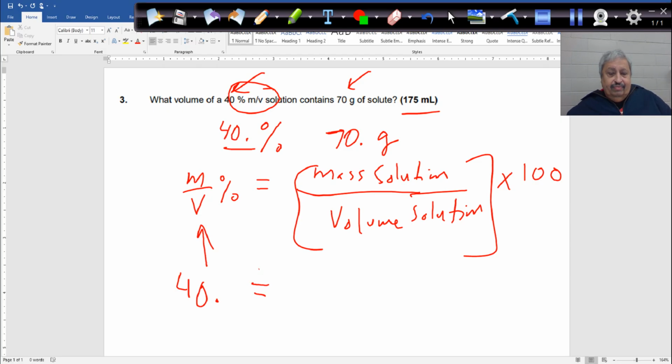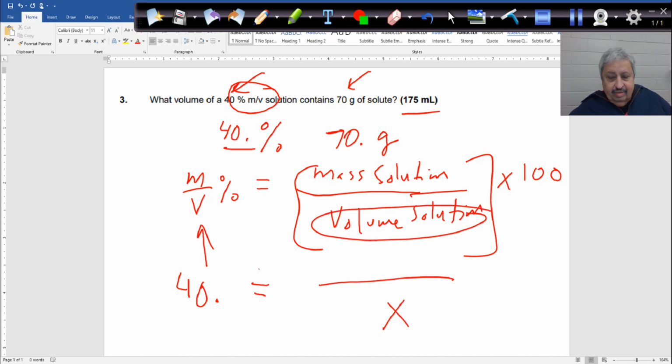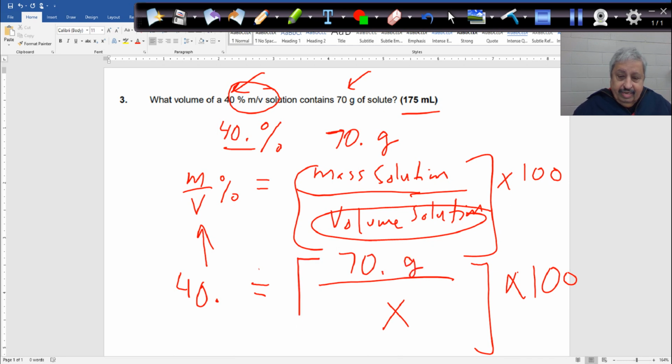They need, what's the volume? The volume of the solution, I don't know. This is X. And this is 100. And the mass of the solute is 70 grams. I added the decimal. So how can I get X?